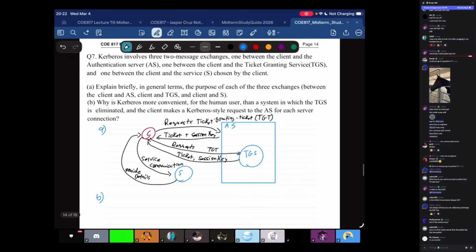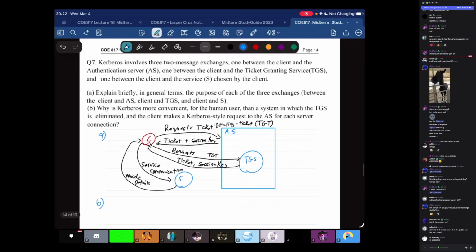For part B, why is Kerberos more convenient for human users than a system in which the TGS is eliminated and the client makes a Kerberos style request to the AS for each server connection?